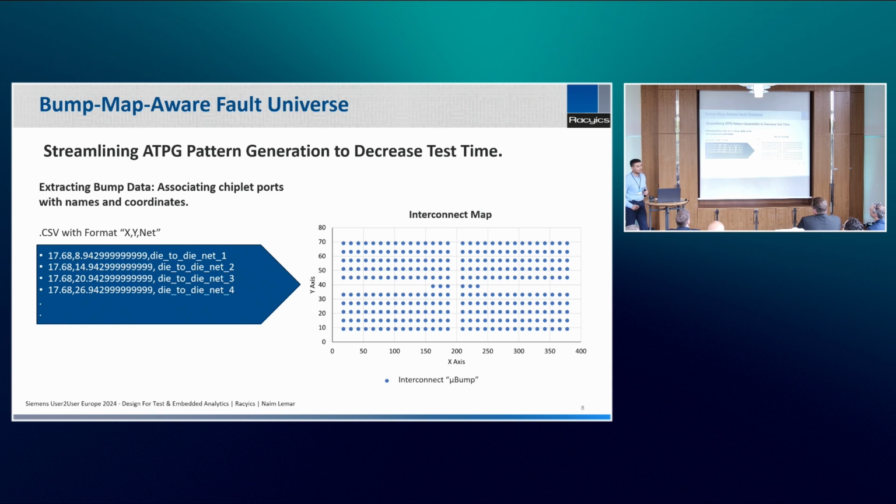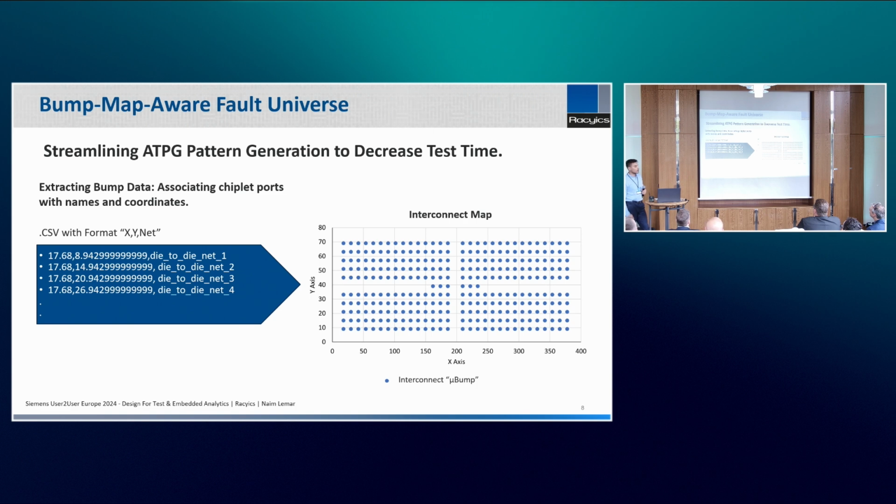How do we actually do this? We now have the physical defects. We know how to model these defects, and we know how to consider the potential aggressors for each victim. If we look at the interconnect map, it is similar to a real product. If we take the information from the place and route tool, we will have something like this: a CSV file with the format of X Y net.